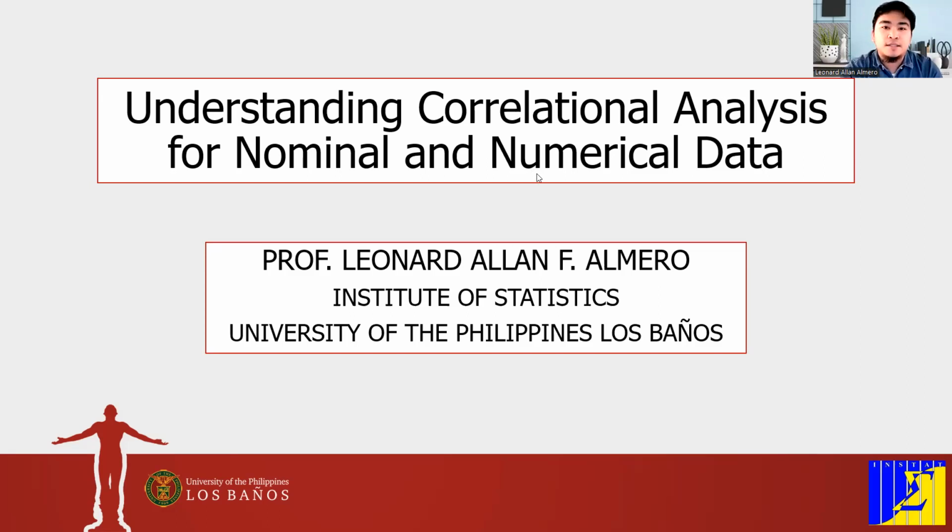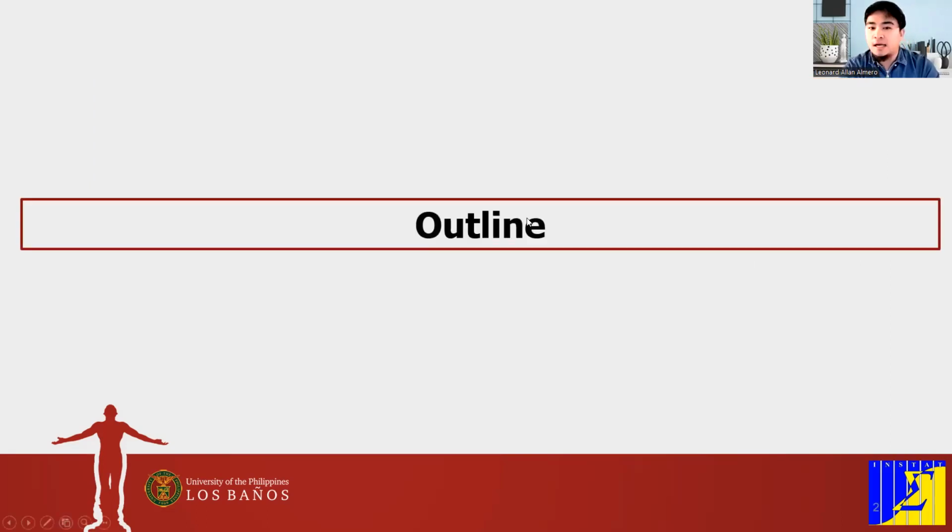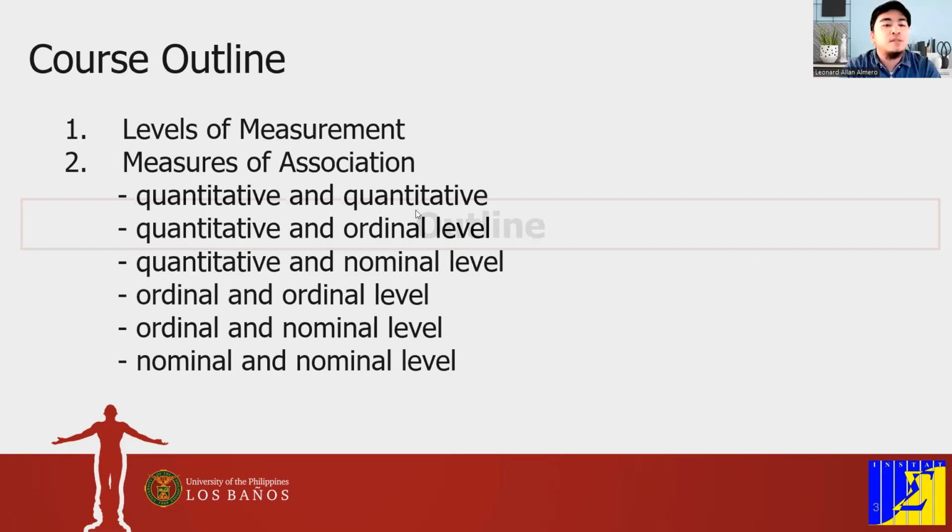Okay. So I'll start po our lecture with our outline. So what will we discuss for this afternoon? So first, we will start at the levels of measurement. Now, I understand that some of you or most of you may already know the levels of measurement, but this one is a good springboard for us to start with the measures of association.